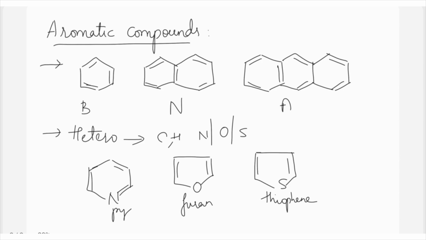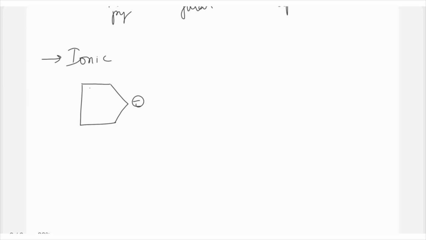Now there could be ionic species also that behave like aromatic compounds. What are those ionic species? The 5-membered ring with a negative charge. So here if you consider, this single pi bond indicates 2 electrons, this indicates 2 electrons, and the negative charge also indicates 2 electrons. So overall in the ring there are 6 electrons. This follows the Huckel rule.